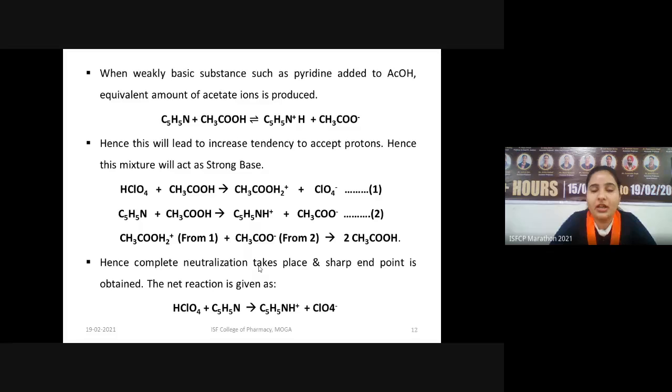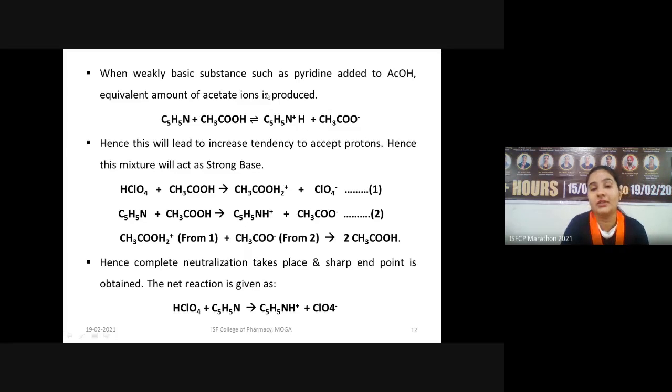When I dissolve pyridine in acetic acid, an equivalent amount of acetate ions are produced. So according to this balanced chemical equation, 1 mole of pyridine is going to react with 1 mole of acetic acid, and there will be formation of an equivalent amount of acetate ion with the protonated pyridine ion.